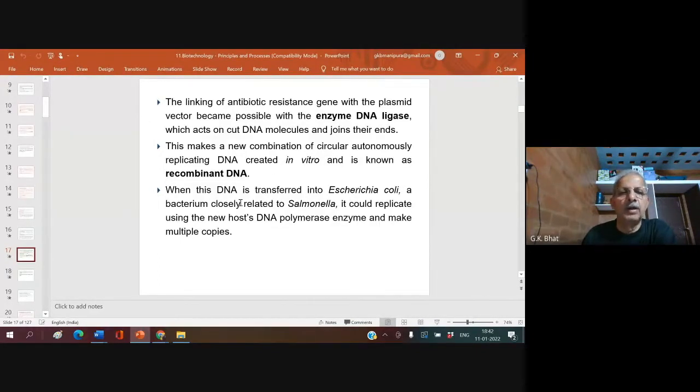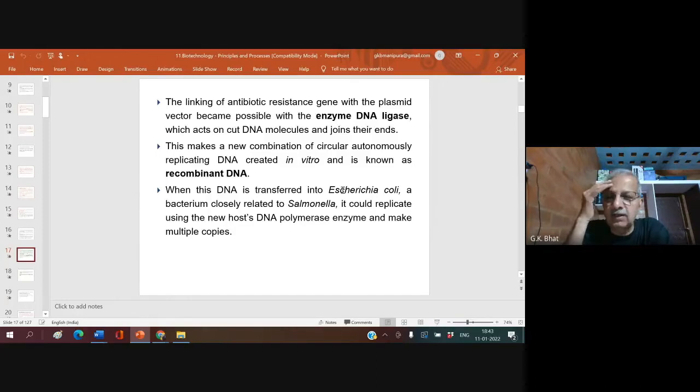When this DNA is transferred into Escherichia coli, a bacterium closely related to Salmonella, it could replicate using the new host DNA polymerase enzyme and make multiple copies. So when this DNA is transferred, from which bacteria to which bacteria was it transferred?